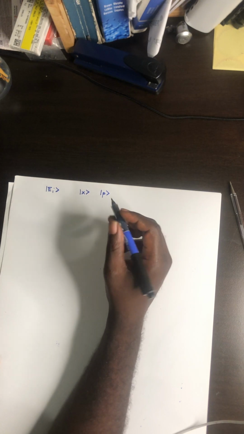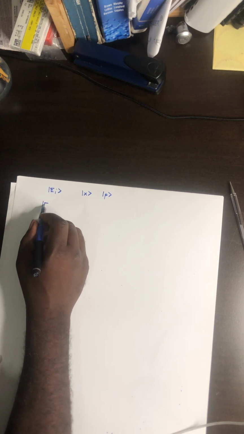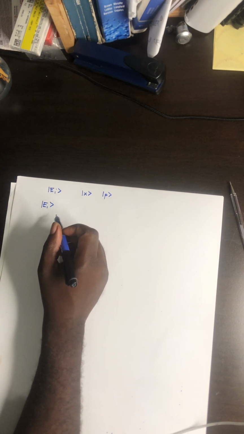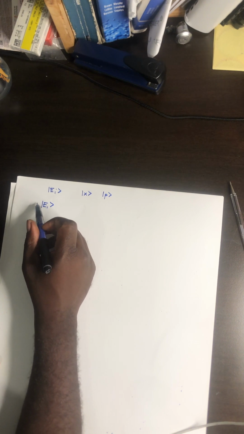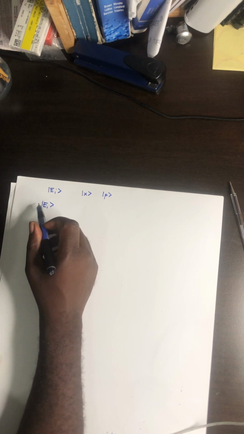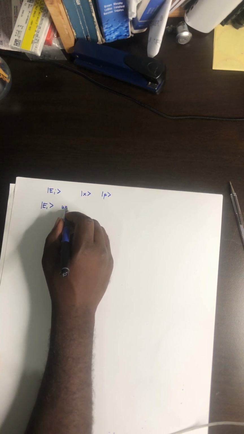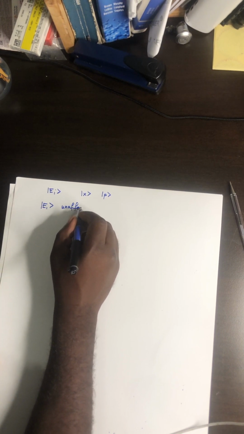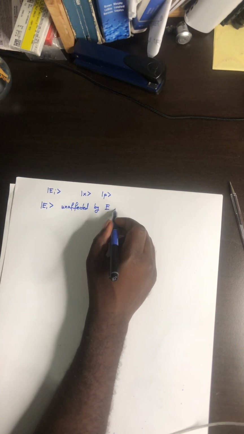What we should know is this. For the states EI, which are certain to produce a value of energy EI when you make an energy measurement, these are unaffected by energy measurement.